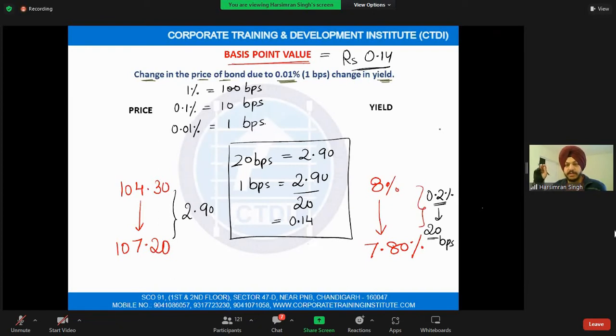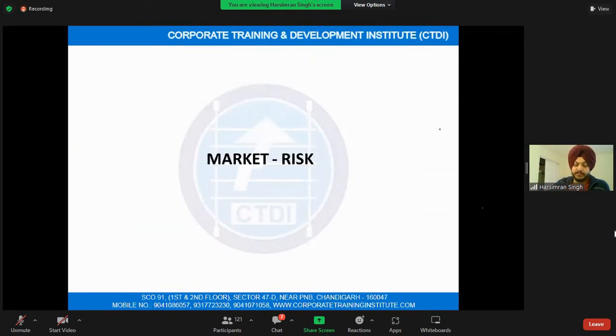Do you understand what is a basis point? For those who do not understand basis point, please remember that like in 1 rupee there are 100 paisas, similarly in 1% there are 100 basis points.